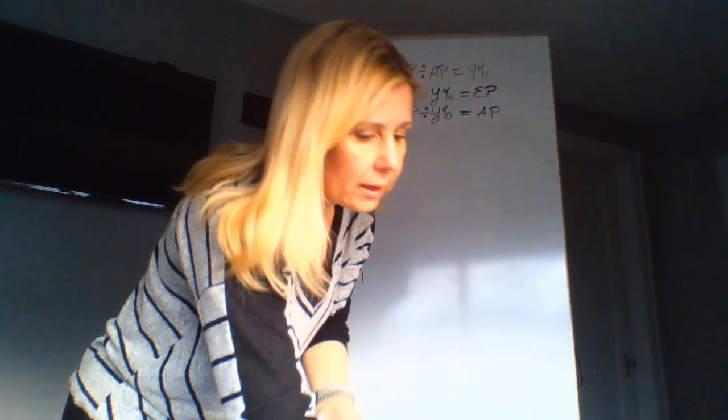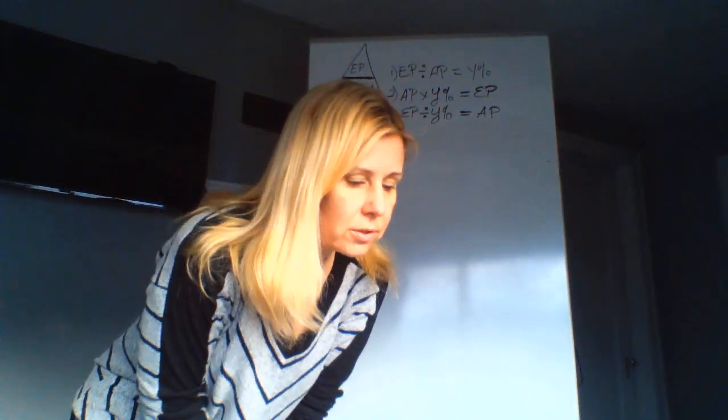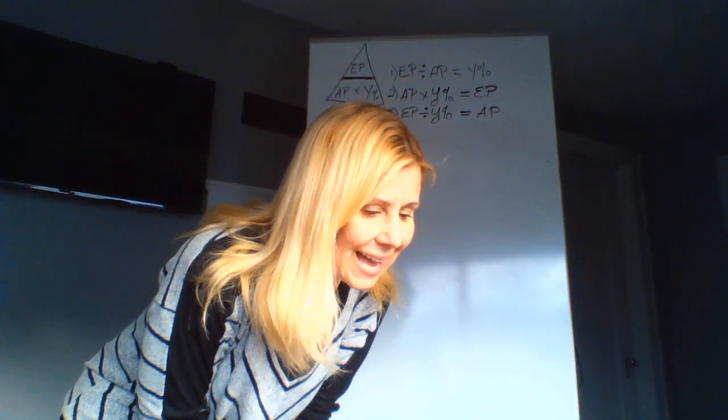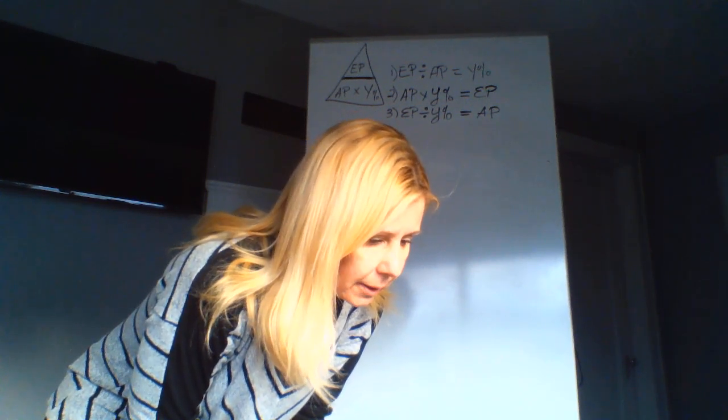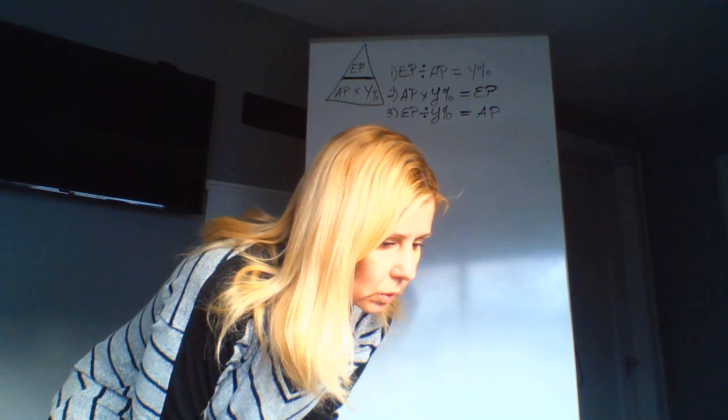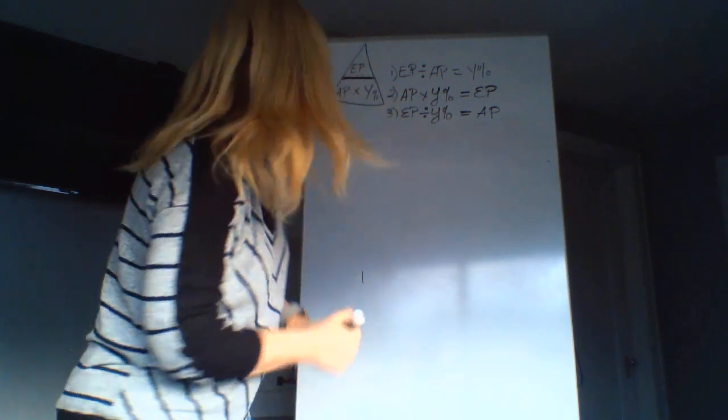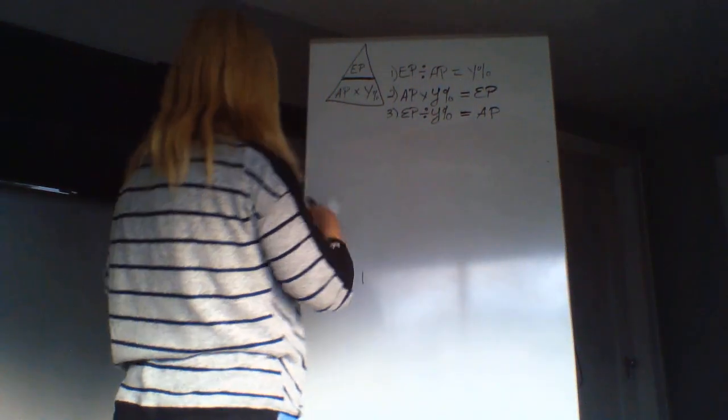Okay, now 94 says calculate the number of servings of the specified size you can get from a given AP quantity. Okay, so let's look at watermelon. So I'm going to draw us a new chart here.